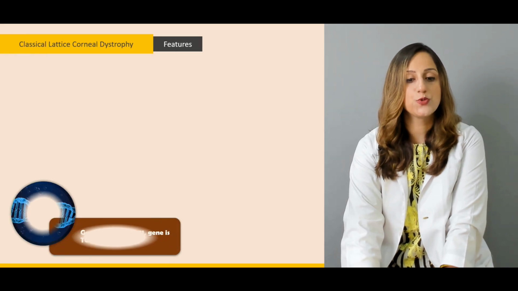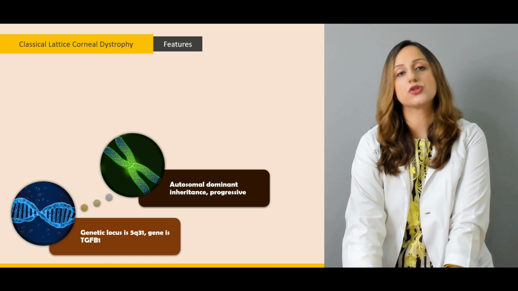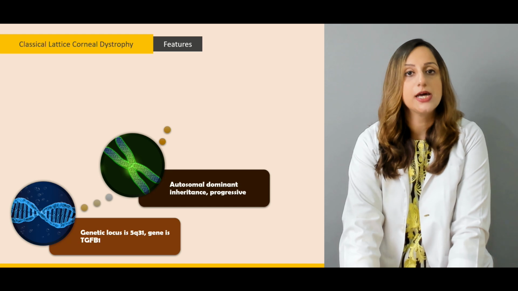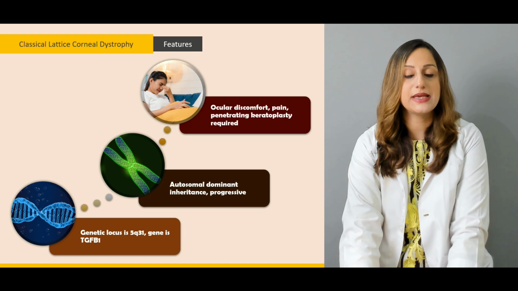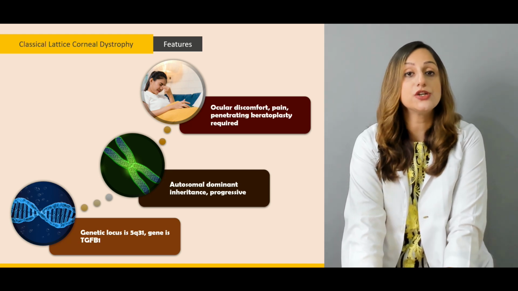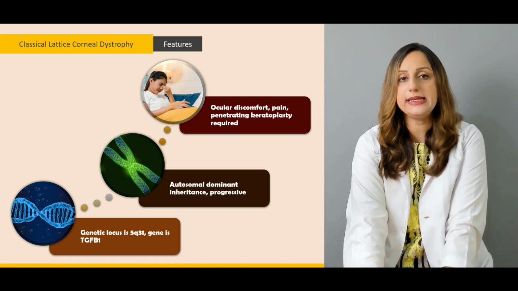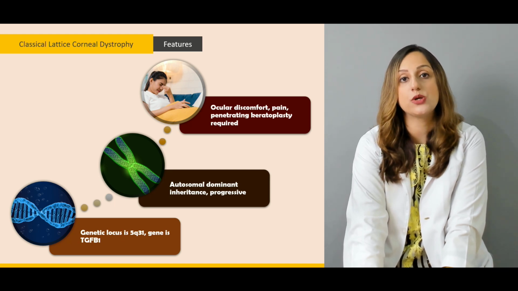The clinical features include the genetic locus 5q31, gene TGFBI, and an autosomal dominant pattern, which is quite progressive and is linked to blurring of vision, ocular discomfort and pain, which basically requires a penetrating keratoplasty for these patients. So it's very important to consider how you can improve the quality of life for these patients once you have diagnosed them as suffering from any kind of corneal dystrophy. What are the steps that can be taken for improving the quality of life?